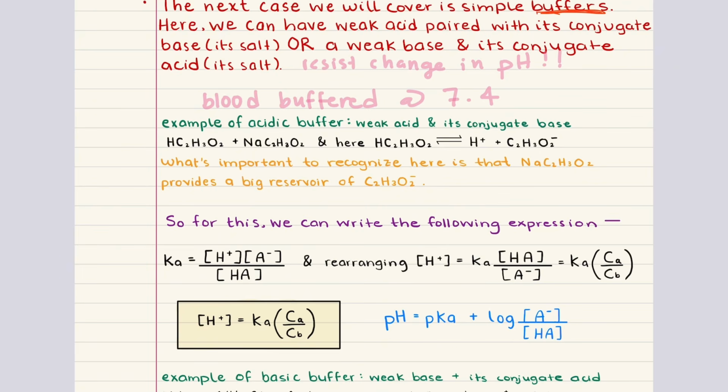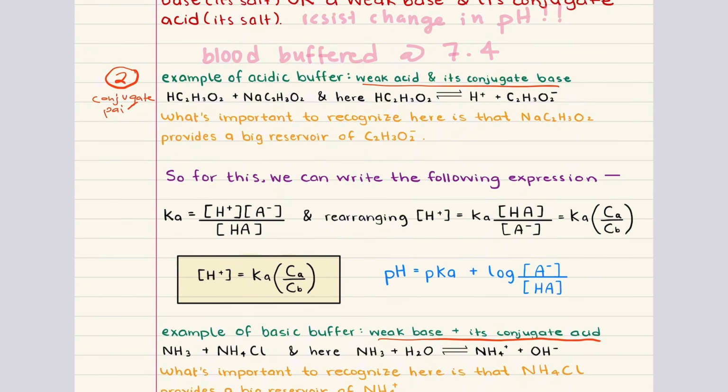A buffer, on the other hand, always contains both members of a conjugate pair in solution, either a weak acid together with its conjugate base, or a weak base together with its conjugate acid. And having both present at the same time is what makes the solution special.